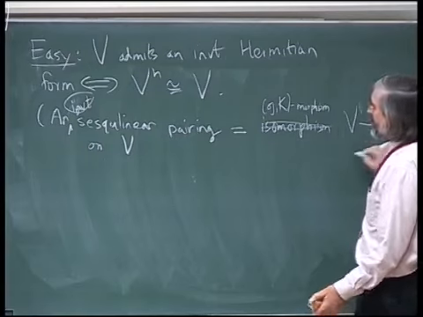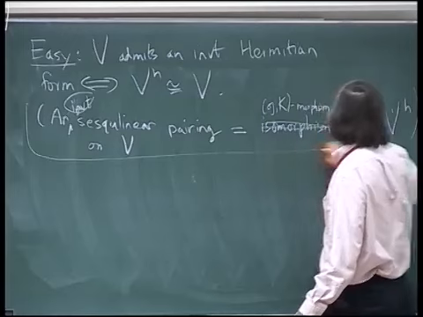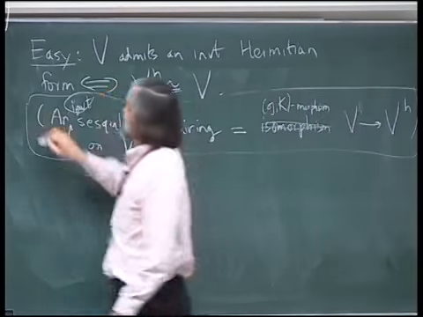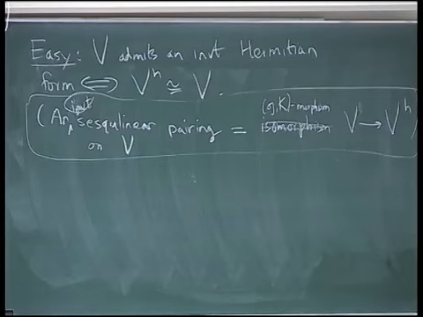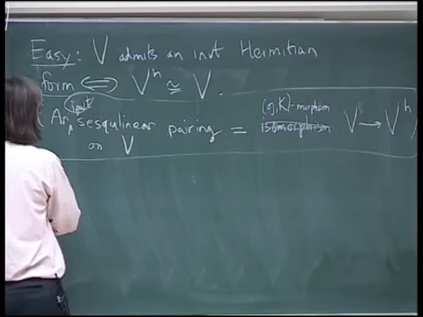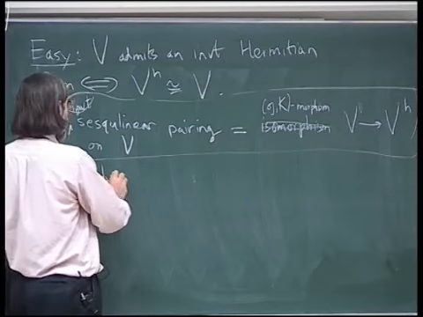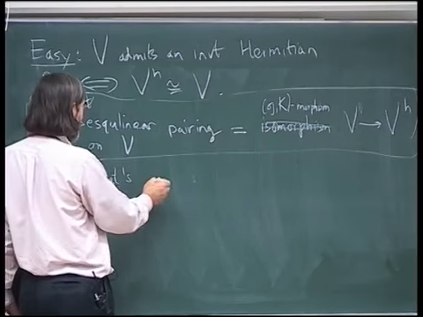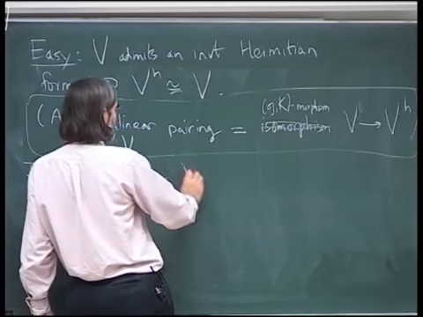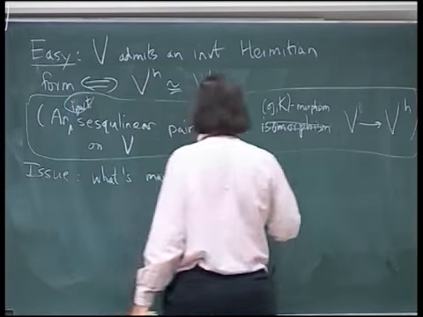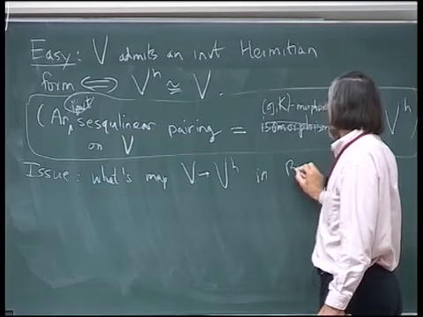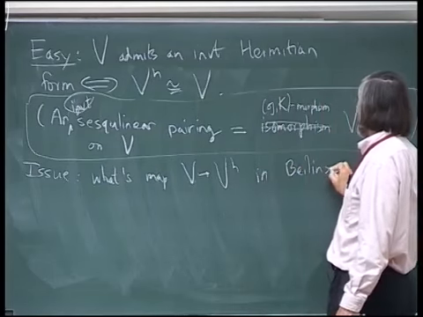That makes everything fairly simple, and so the question is what's this map V goes to V_h in the Vogan and Bernstein classification?